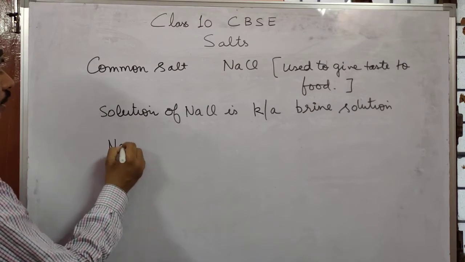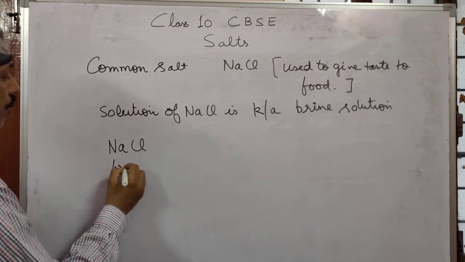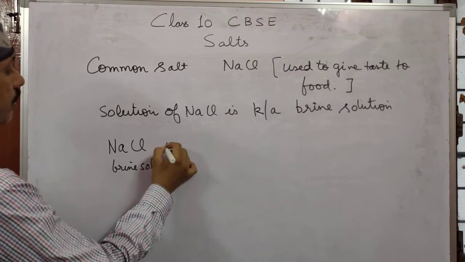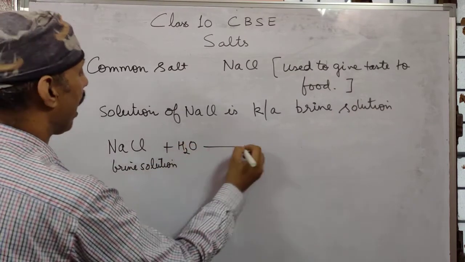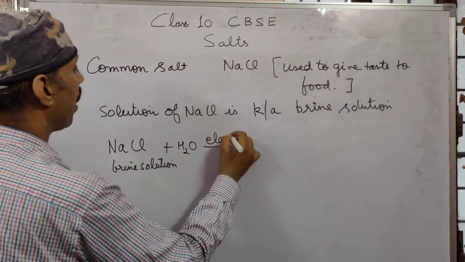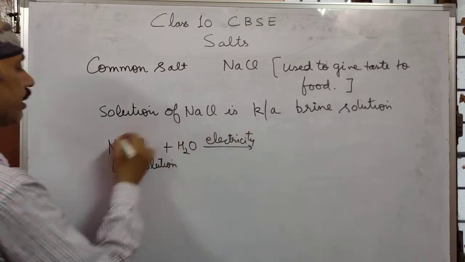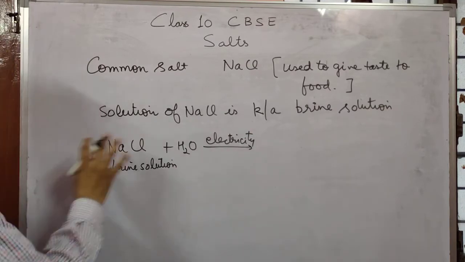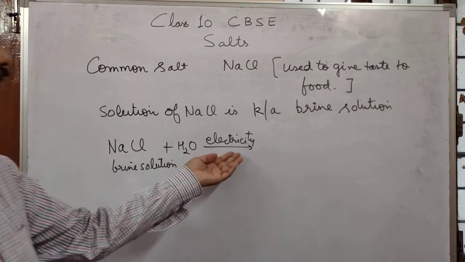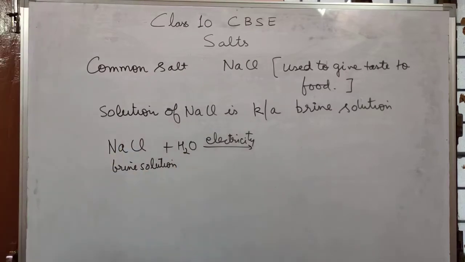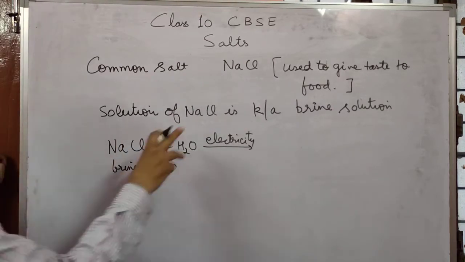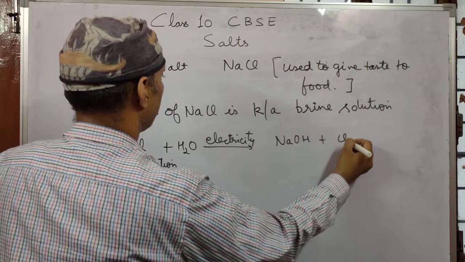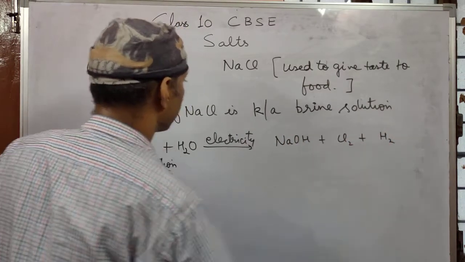What happens when this brine solution is taken and you pass electricity through this solution? You see a reaction happens. It's a chemical change. Yes, of course, passage of electricity can cause chemical changes. So this will form NaOH plus Cl2 plus H2.